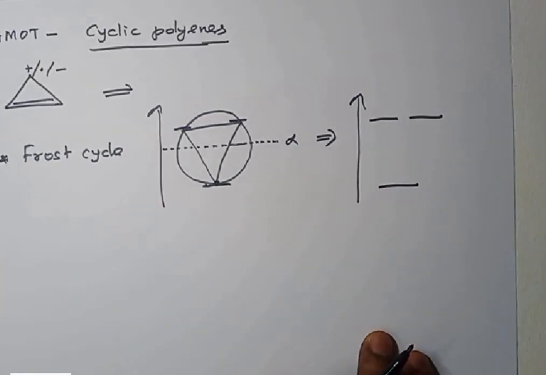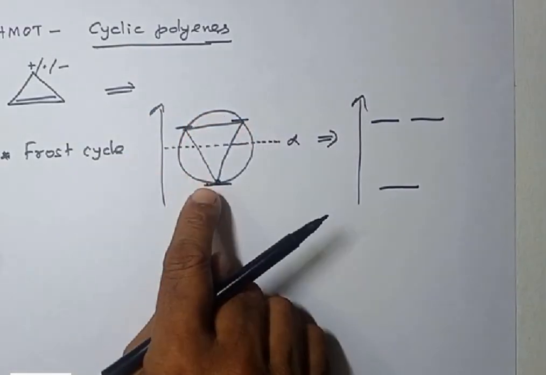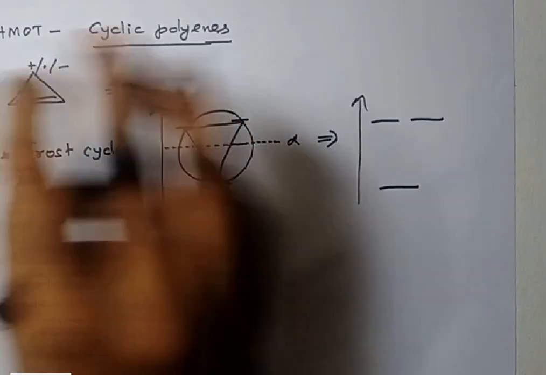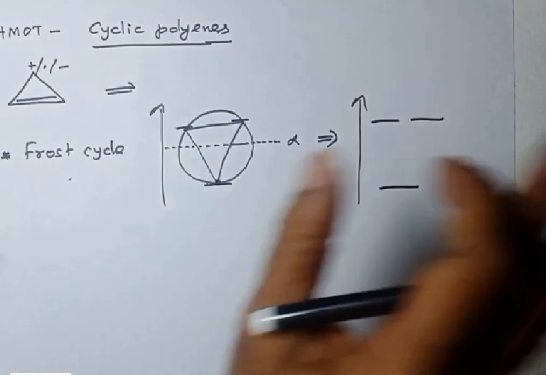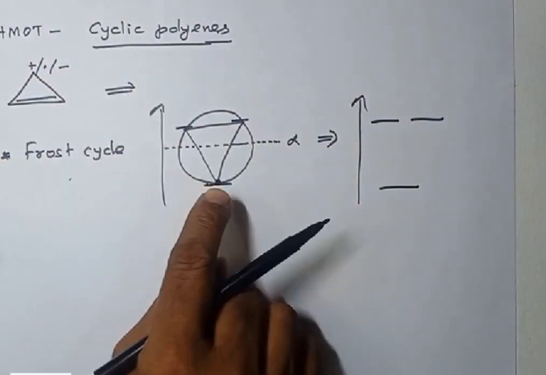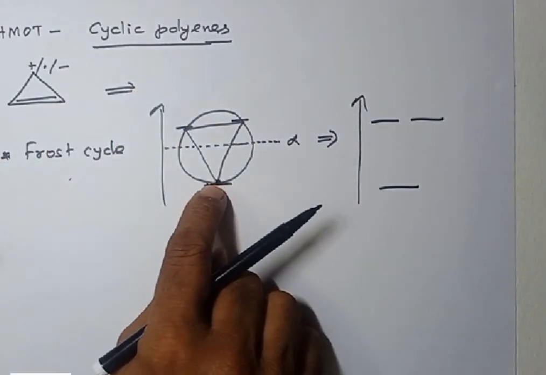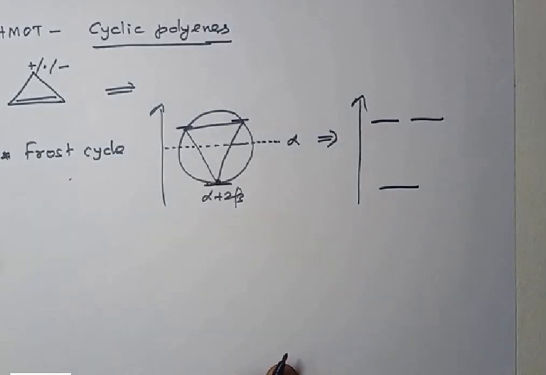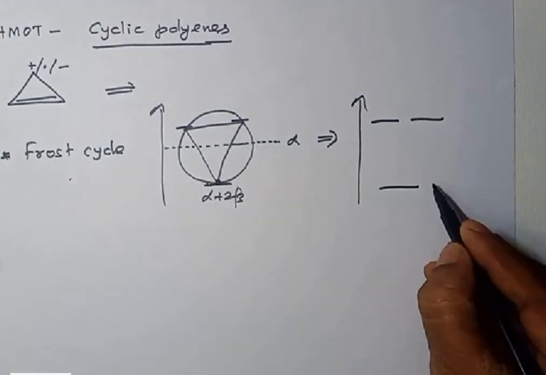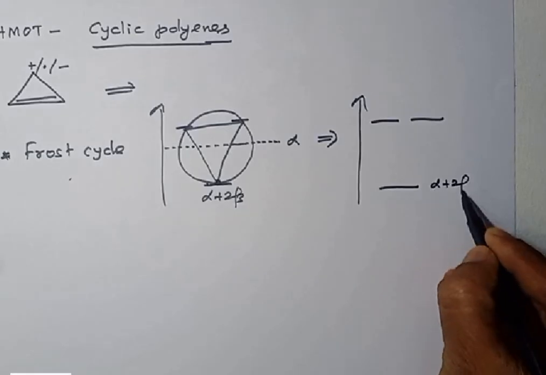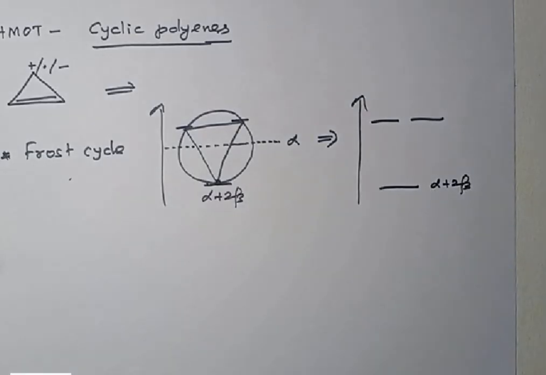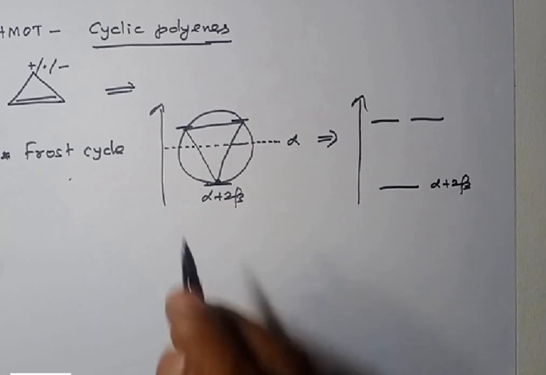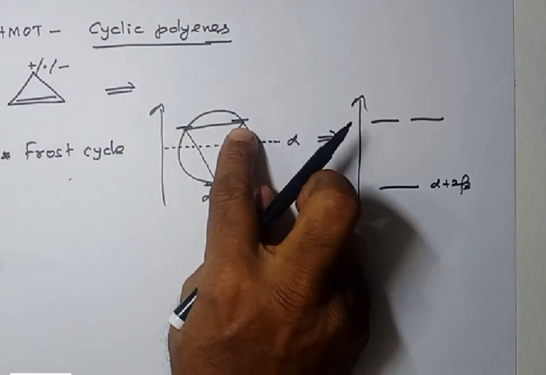And remember, whatever cyclic system you take, the energy of the bottom molecular orbital is always alpha plus 2 beta. Now, what is the energy of these two?